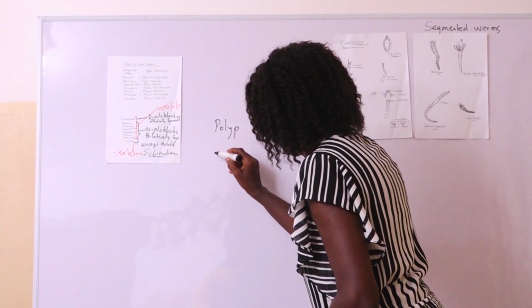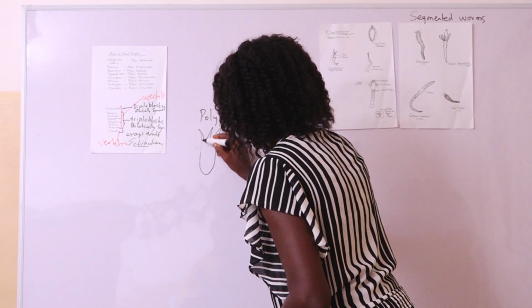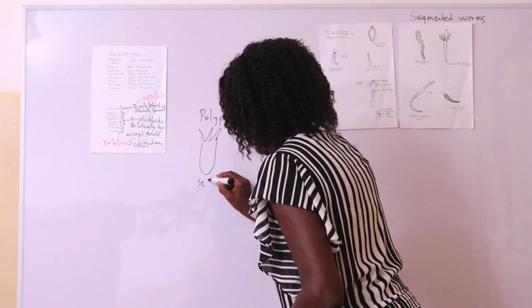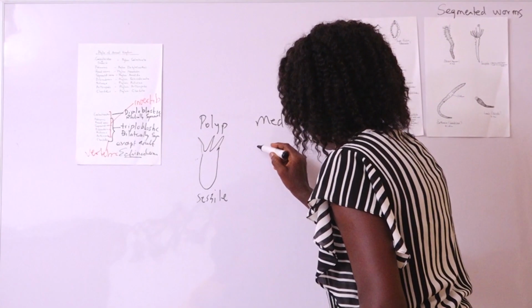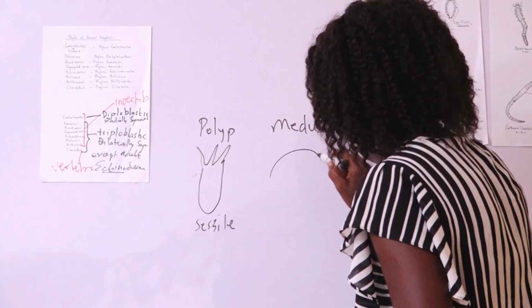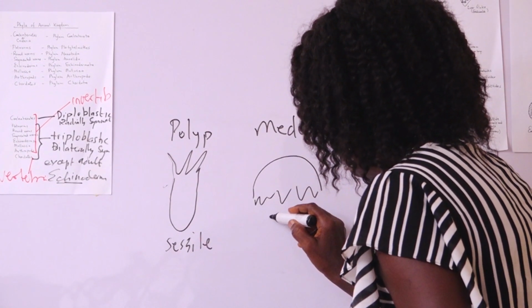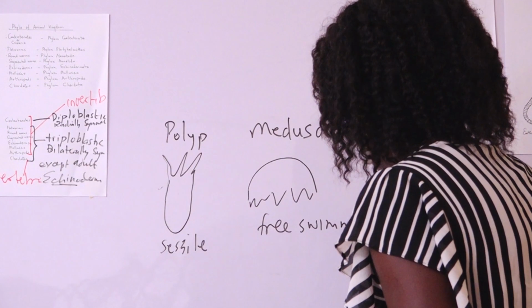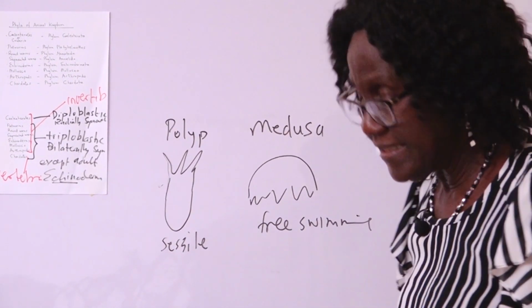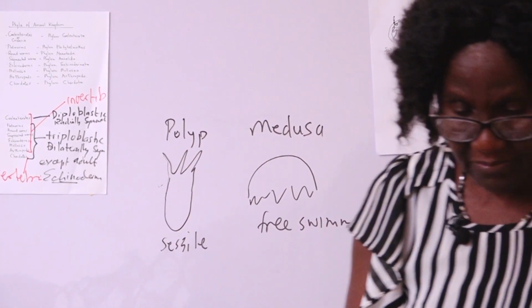The polyp looks like a cup. It's sessile. Sessile means it's stuck to one place. And the medusa looks like a bowl, and this medusa is free swimming. These are the two forms, the polyp and the medusa form.